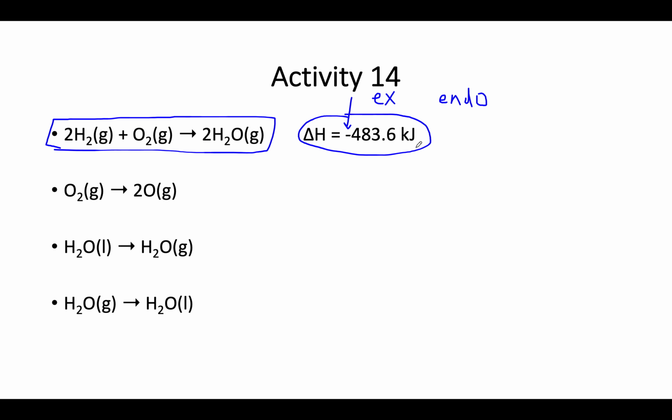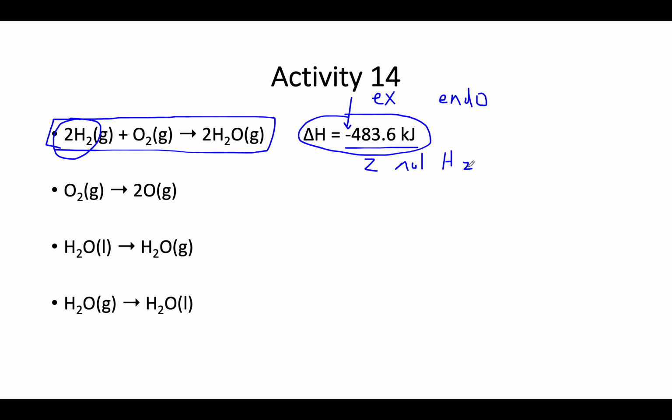The other thing is that this is negative 483.6 kilojoules, and that's an extensive property. That means that it depends on how much you have. So if you have 2 moles of hydrogen, this is how much heat is released. What if you had 4 moles of hydrogen? Okay, wait a minute.